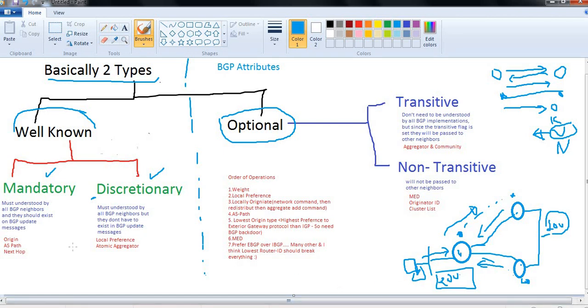Which means that this kind of attribute, the well-known discretionary attribute, should be understood by all BGP neighbors. They should understand it, but they don't have to carry this attribute in the BGP updates.